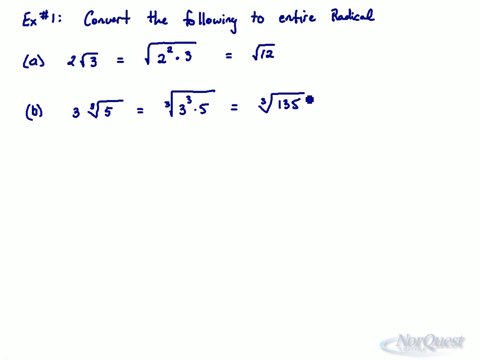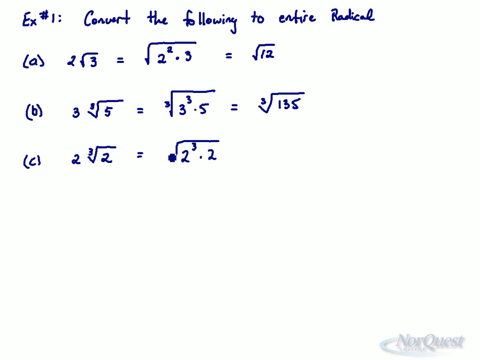And the next example, example number 3, we'll look at 2 cube root 2. Similar to the second one, but I just thought I'd give you one more practice, hammer home the point. 2 to the power 3 times 2.